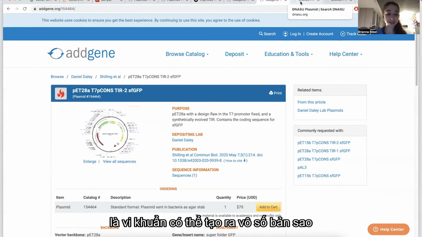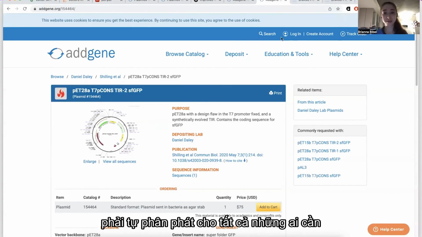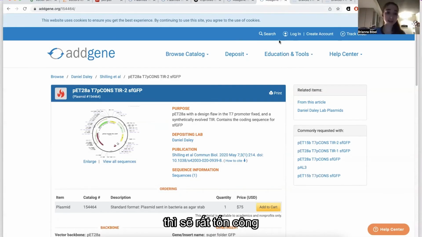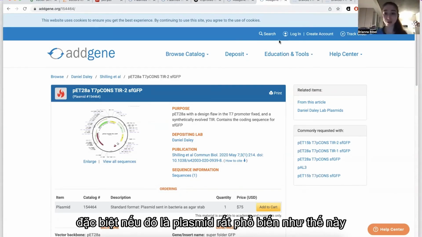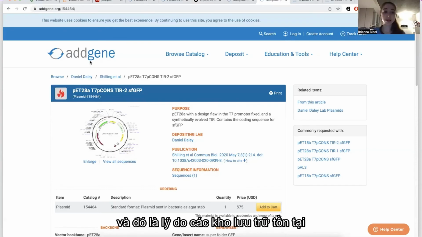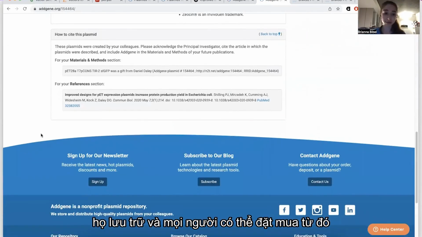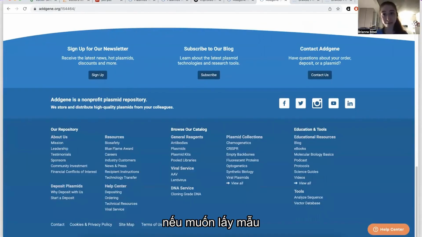The great thing about plasmids is that bacteria will make oodles and oodles of them. But if each lab had to keep giving it out to anybody who wanted it, that could be a lot of work, especially for a really popular plasmid like this. So these repositories propagate it, make a lot of it, store it, and then people can go through them to get a sample.